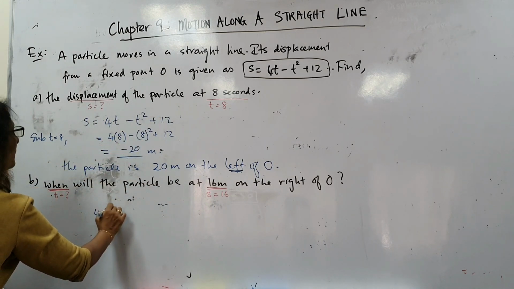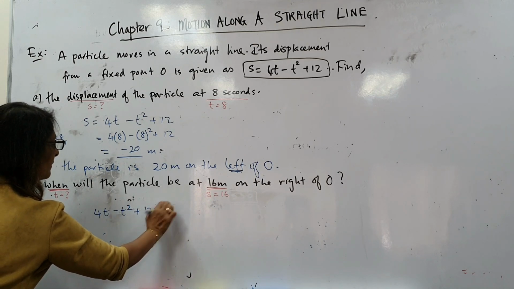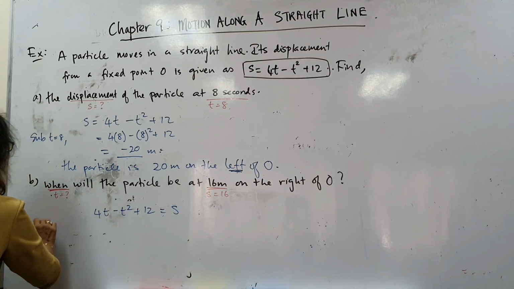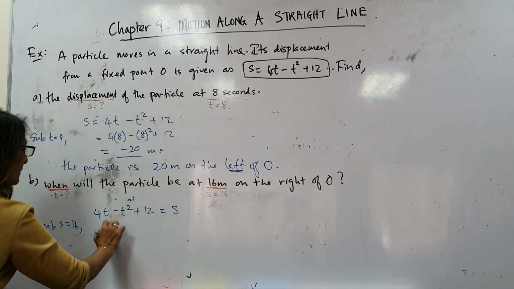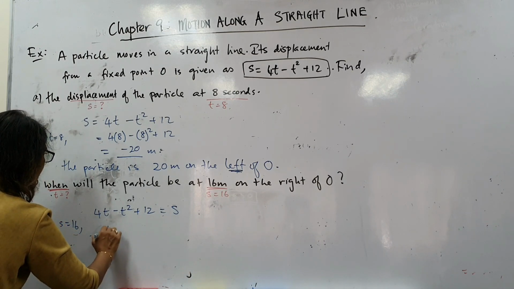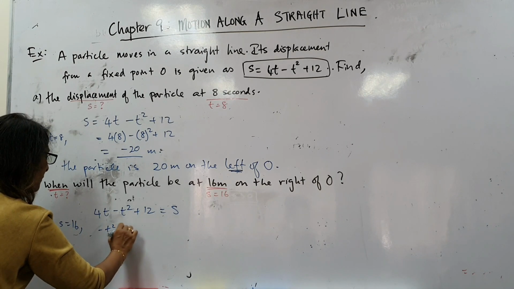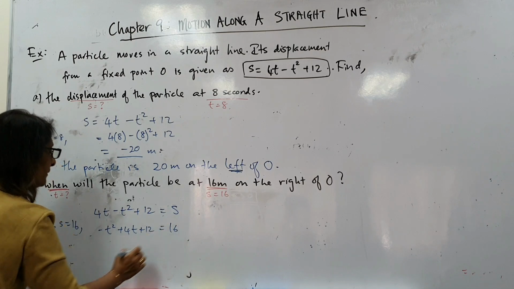Okay, let me write it down this way. Equals to S, right? We sub S equals 16. So we get 40, or maybe I should rearrange this. Put the t squared in front. Negative t squared plus 4t plus 12 equals 16.